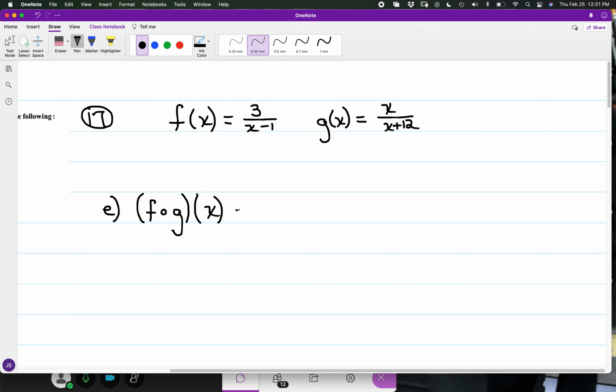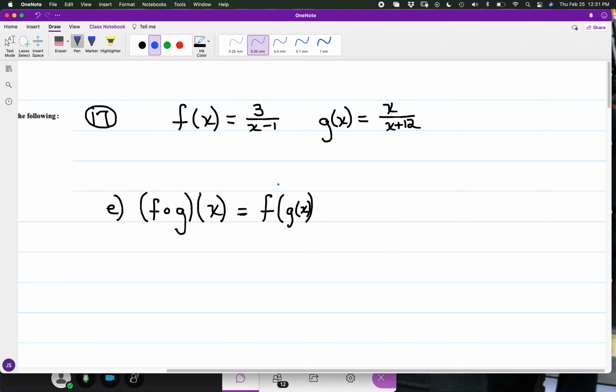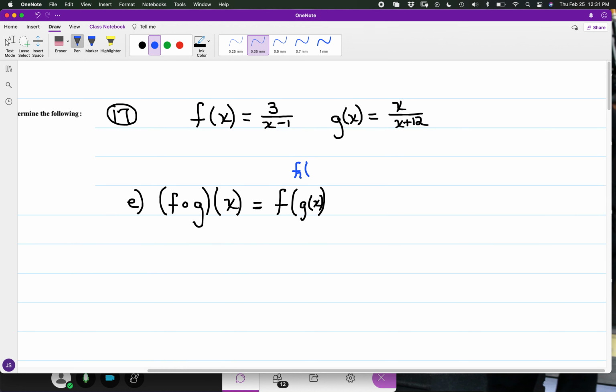Now for f composed with g of x, if I write what I have in compact functional notation, I'm looking at f of g of x. The output function f, whatever the input is, is equal to 3 over the difference between the input and 1.